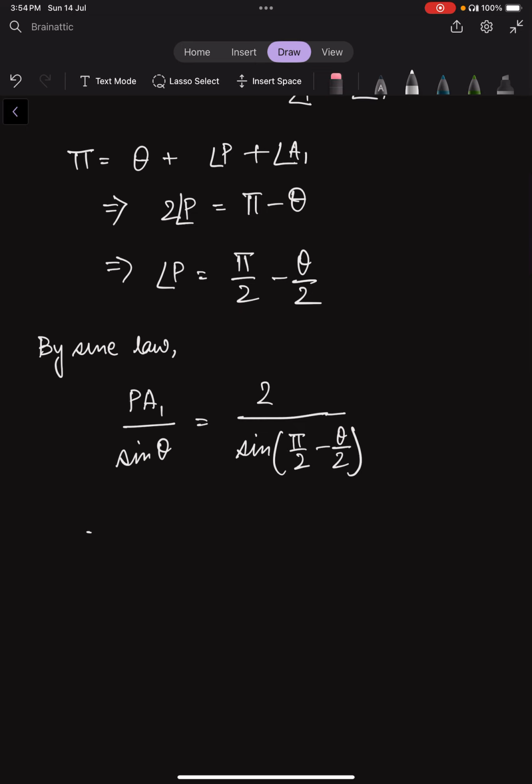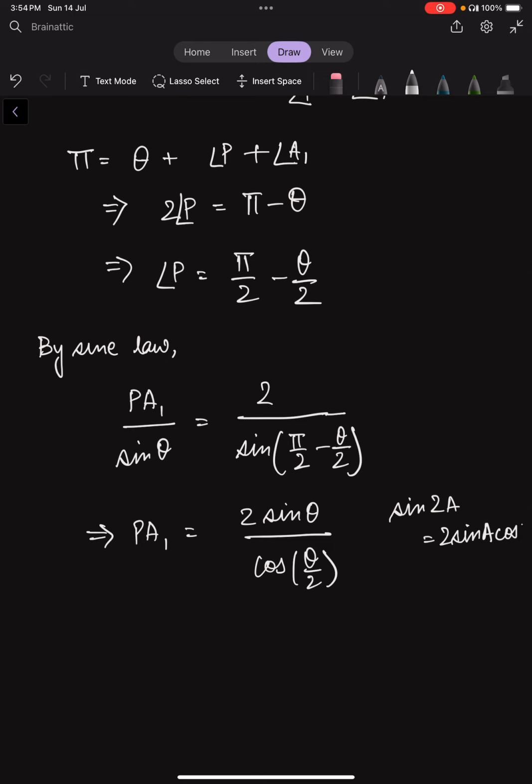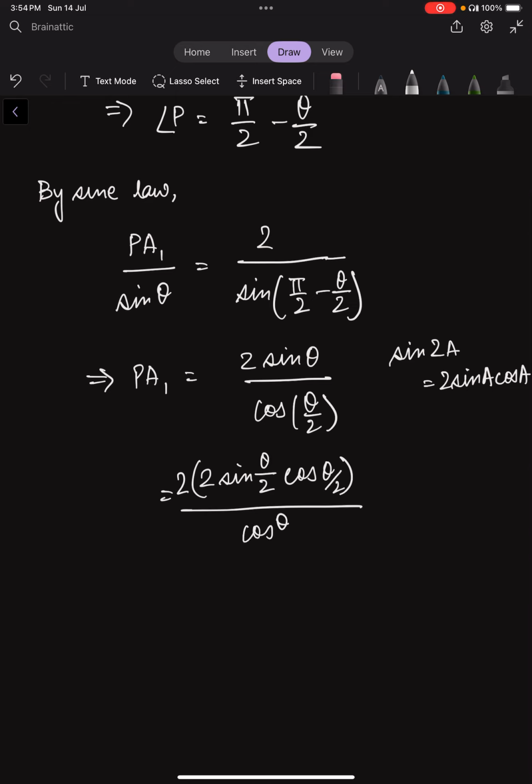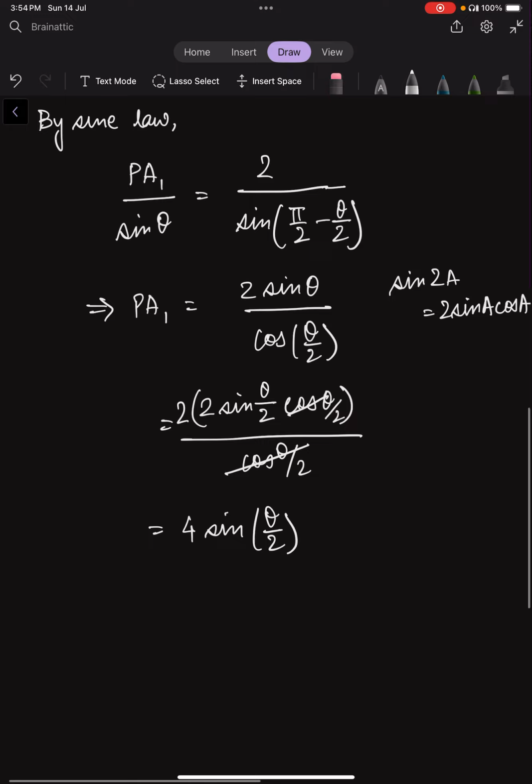Now, PA1 is equal to 2 sine theta by cos theta by 2. Now I know the formula of sine 2A, which is equal to 2 sine A cos A. Applying that formula, I have 2 sine theta by 2 cos theta by 2, and the original 2 in front, over cos theta by 2. So this cancels out, and what we are left with is 4 sine theta by 2. Now we have found PA1.